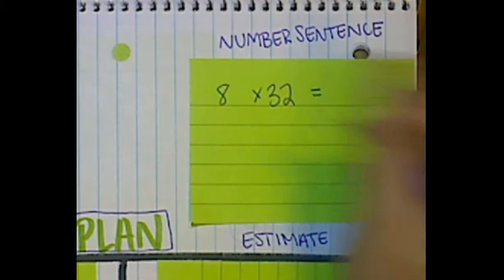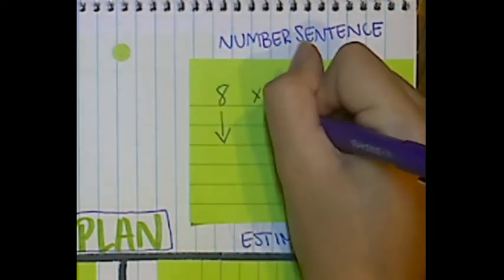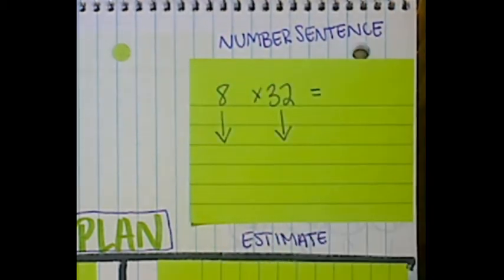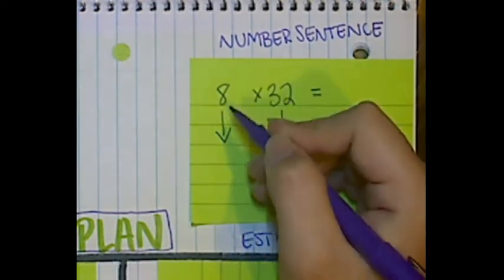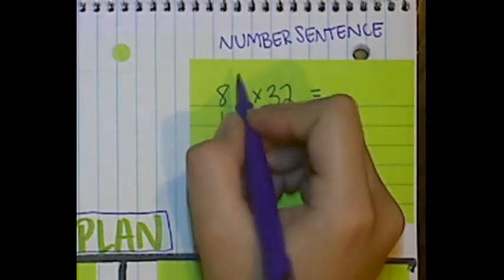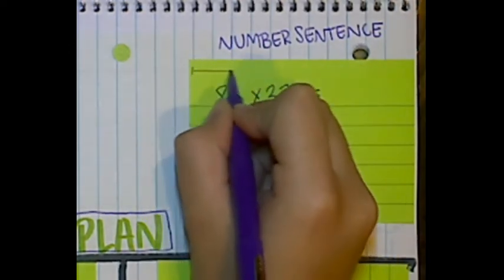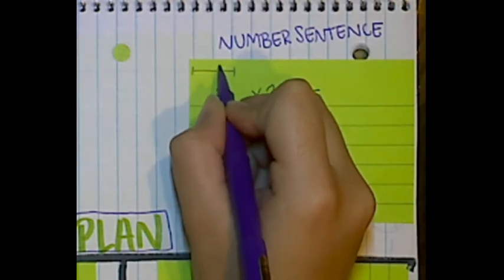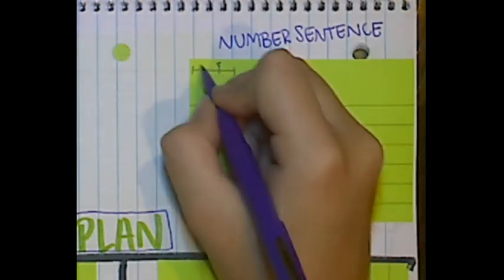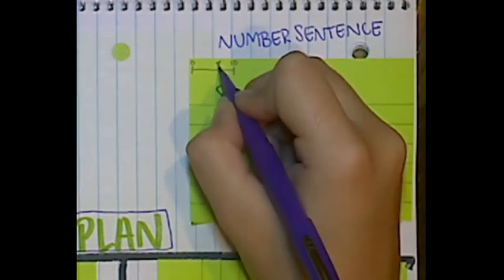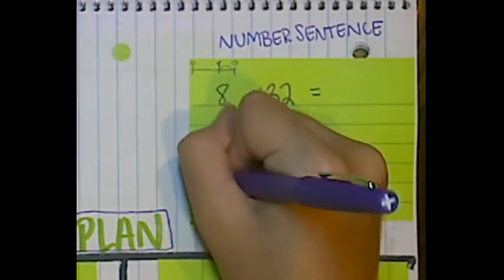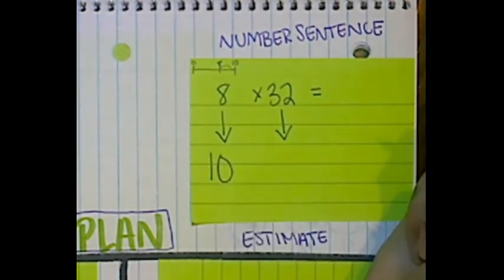So what we always do before we solve, we need to estimate what our answer could be. So 8, if I think of a number line, what numbers does 8 come between? It comes between 0 and 10. 8 is closer to 10, so I'm going to round up.